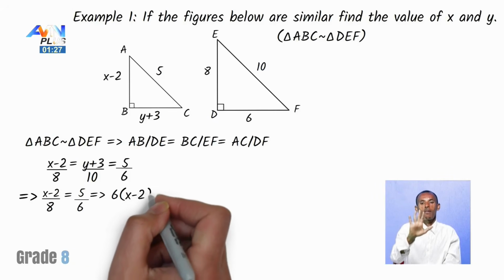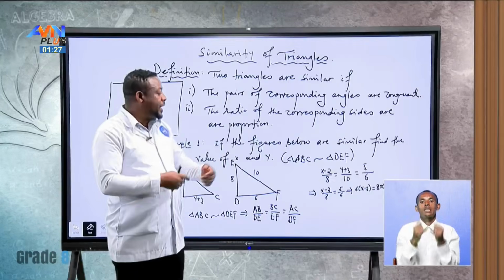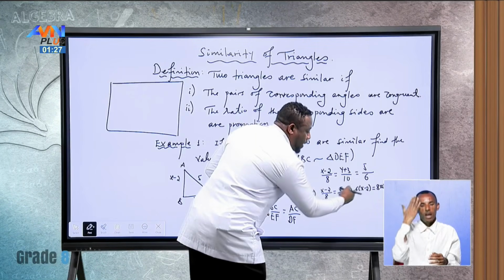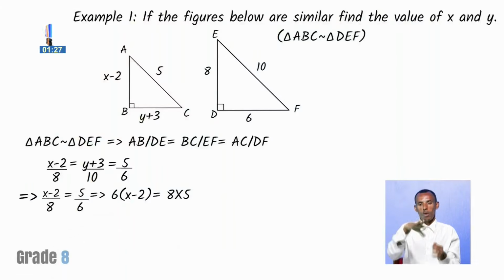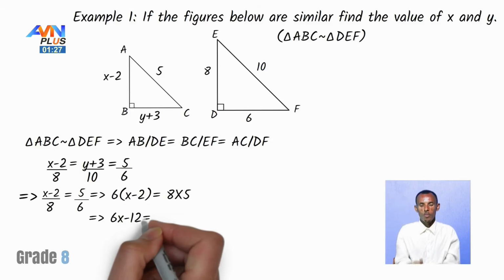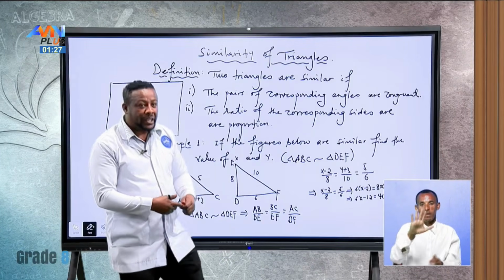So now you can distribute the coefficients and obtain the unknown values. Whenever we distribute 6, you get 6x - 12 = 40. 8 times 5 is 40.